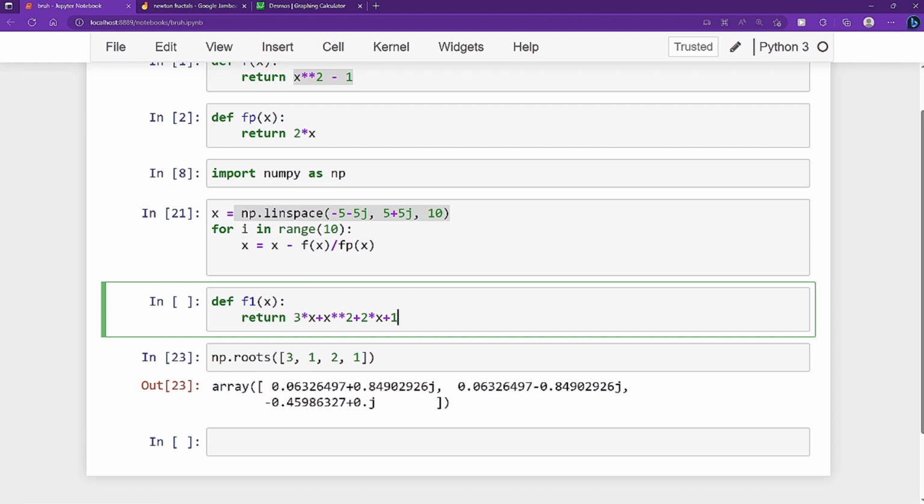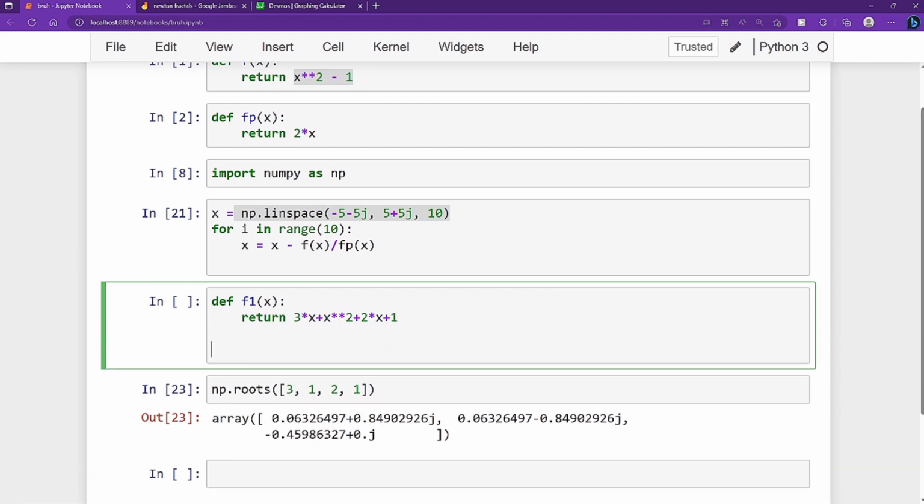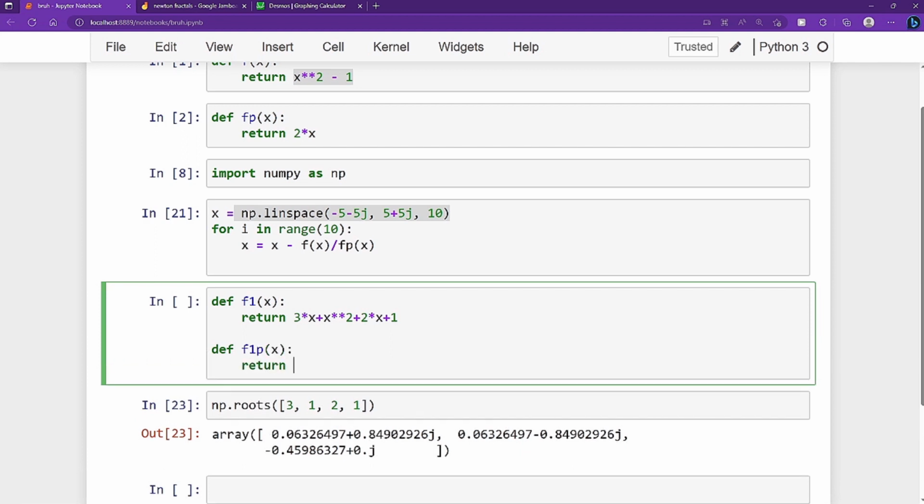Now I'm going to make the derivative of this function, f1p, and it's 9x squared, because for 3x cubed, take the power rule, 3 comes in the beginning, and 3 minus 1 is 2. Plus 2 into x plus 2 and plus 0. So that's the derivative of this function. I hope I haven't messed anything up.